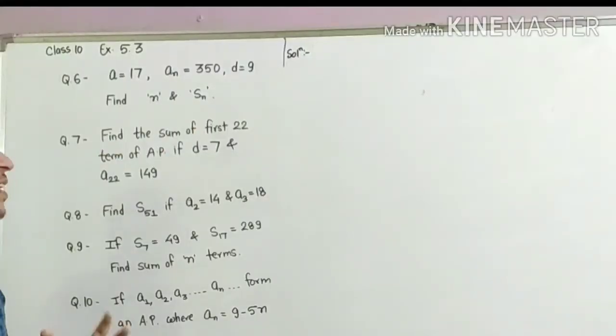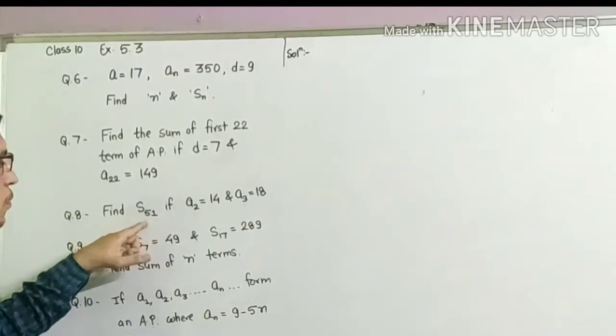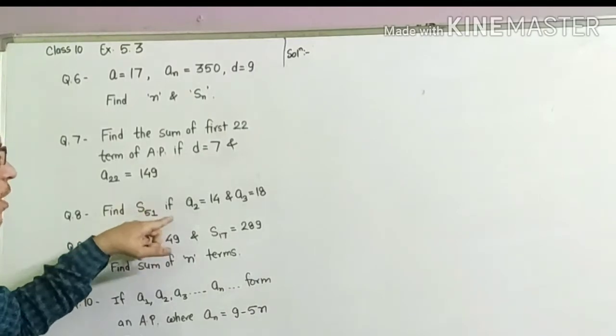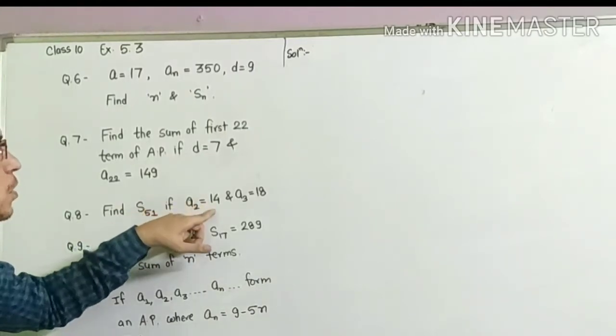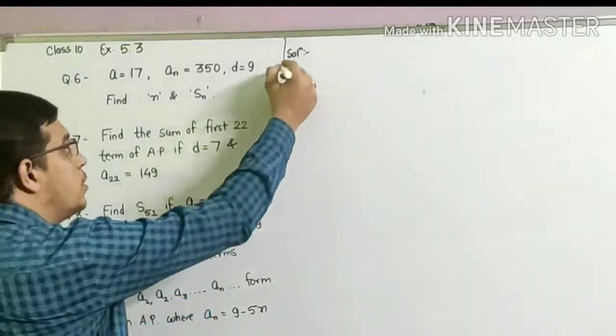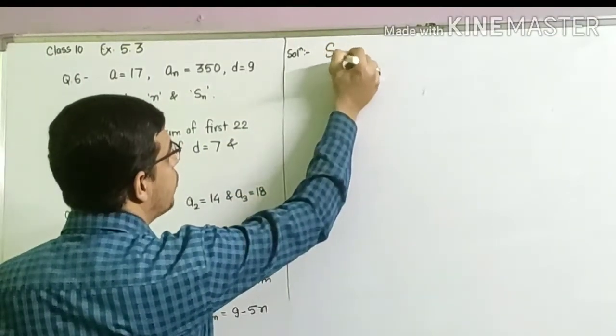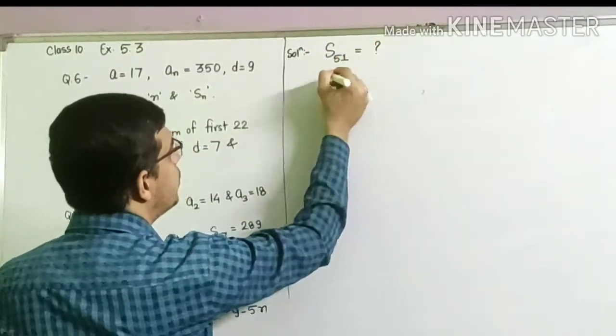Okay. Next is question number 8. Question says find the sum of first 51 terms if second term is 14 and third term is 18.